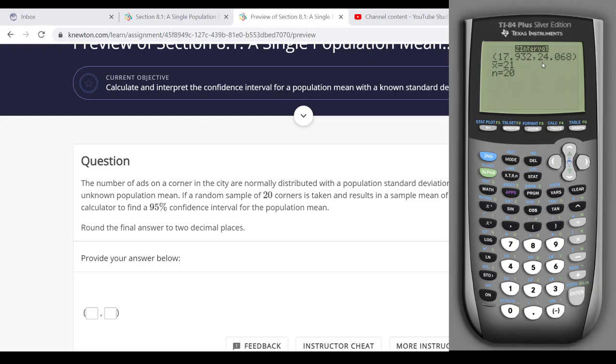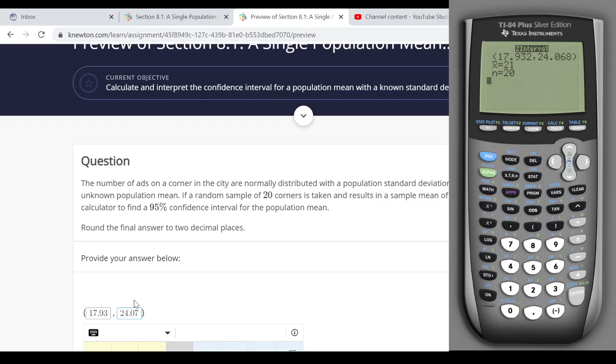Right? And they want us to round these values to 2 decimal places. So back on the website, the lower value, 17.93. The upper value, 24.068 or 24.07, to 2 decimal places.